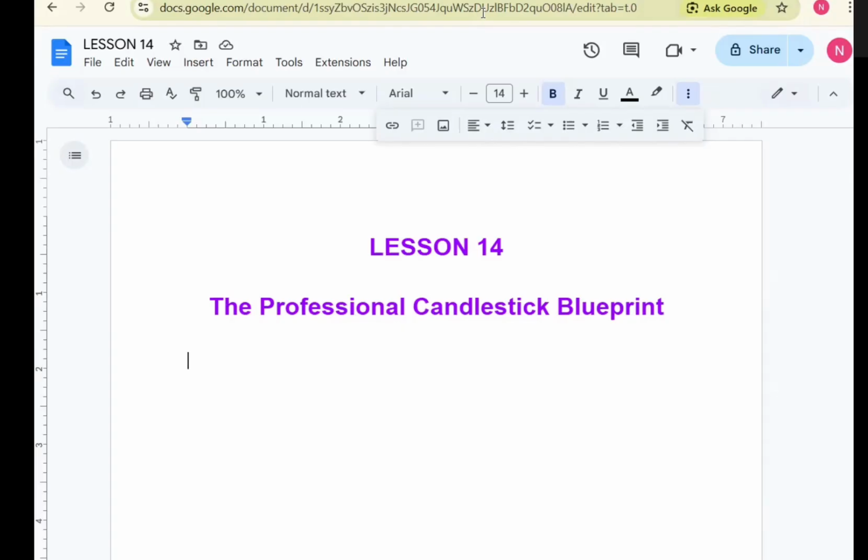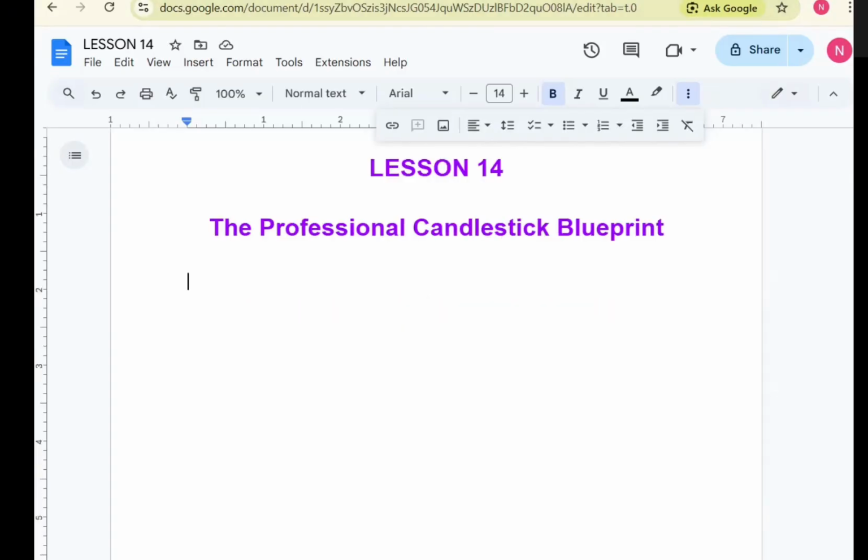I believe so. And the first part of today's lesson is the philosophy of professional trading. Most retail traders fail because they see a hammer, all right, and treat it as a buy signal, like in the candlestick patterns I usually share with you.